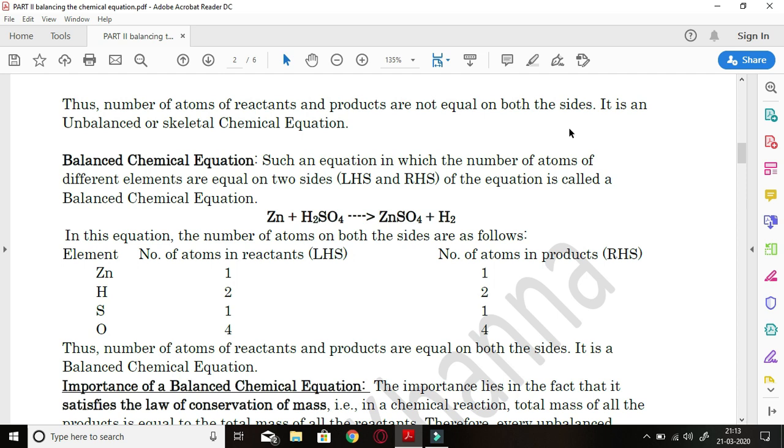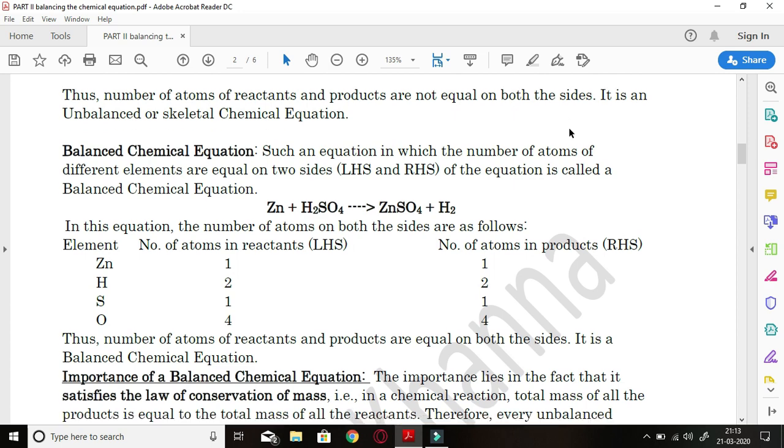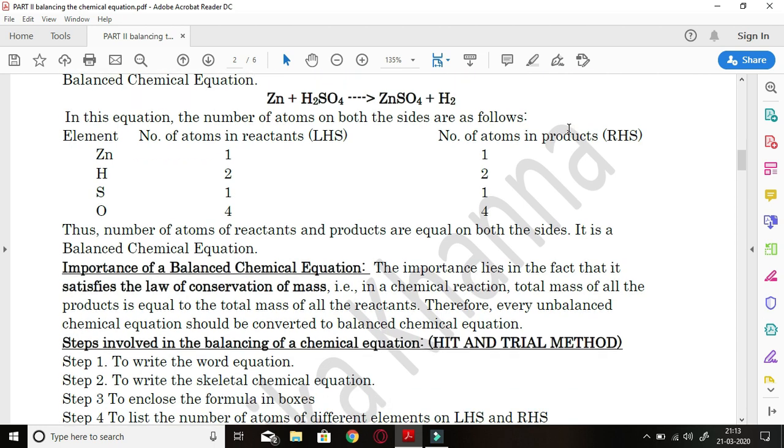In this equation, the number of atoms on both the sides are as follows. The different elements are zinc, hydrogen, sulfur and oxygen. Zinc is 1 on both the sides, hydrogen is 2 on both the sides, sulfur is 1 on both the sides and oxygen atoms are 4 on both the sides. This means the number of atoms of reactants and products are equal on both the sides. Therefore, it is called a balanced chemical equation.